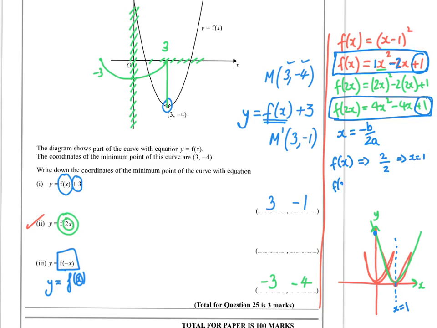But for the f of 2x graph, if we use x is minus b over 2a, we've got minus minus 4, which is 4, over 2 of these, which is 8. We actually get x is a half. So what I'm trying to say to you is here's the new line of symmetry, which I'll put in a different colour.